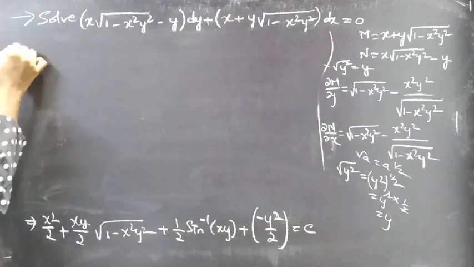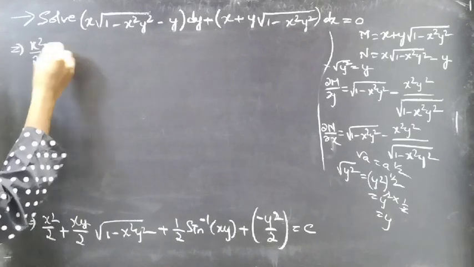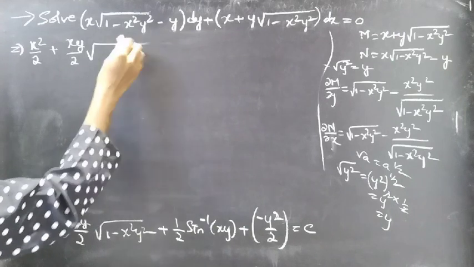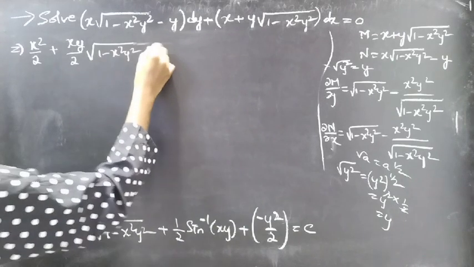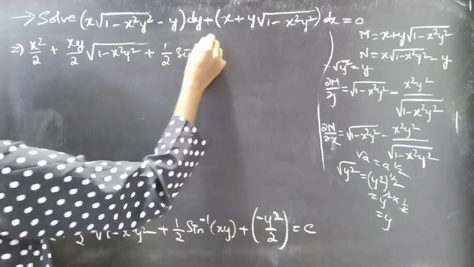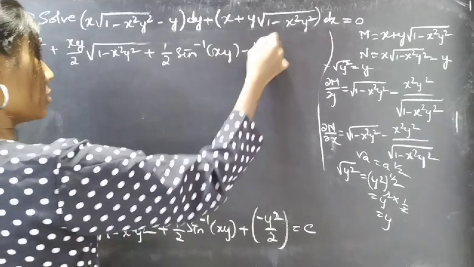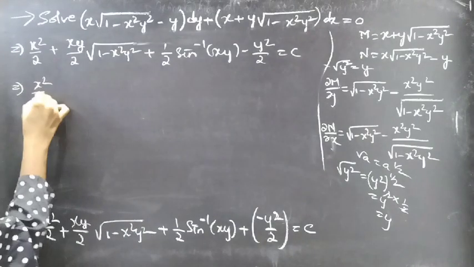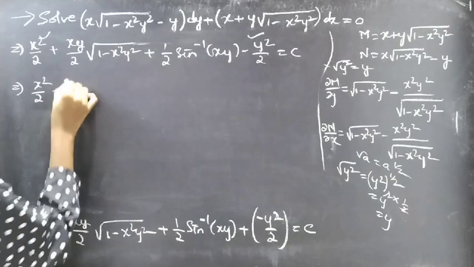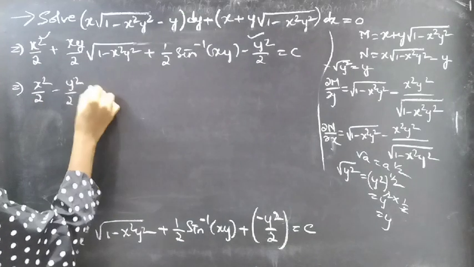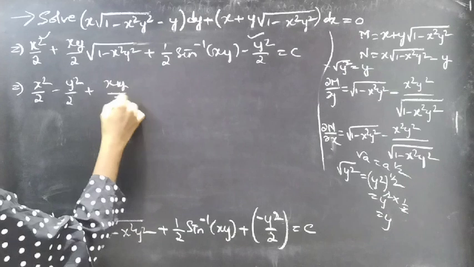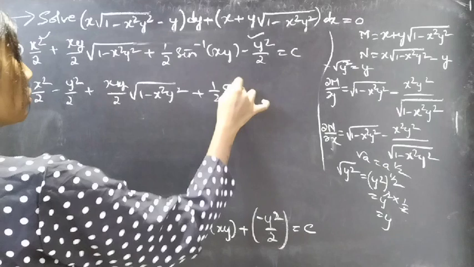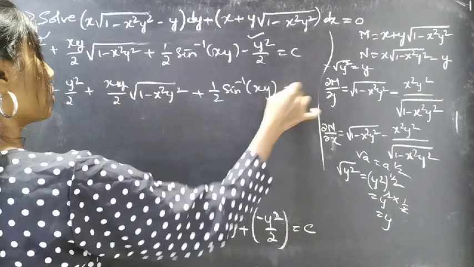or x²/2 + xy/2 into √(1 − x²y²) + 1/2 sin⁻¹(xy) − y²/2 equal to c. Or we can write this as x²/2 − y²/2 + xy/2 into √(1 − x²y²) + 1/2 into sin⁻¹(xy) equal to c.